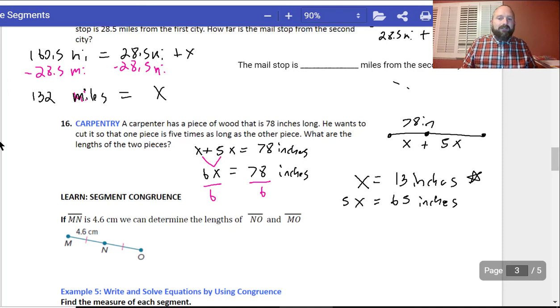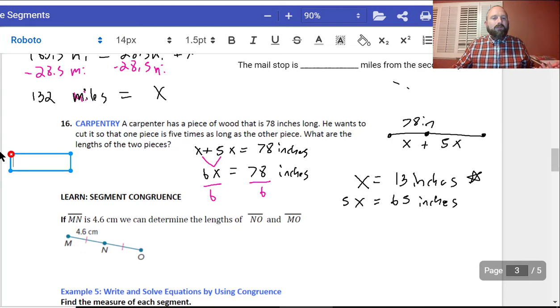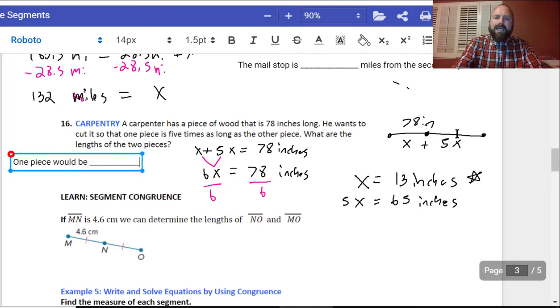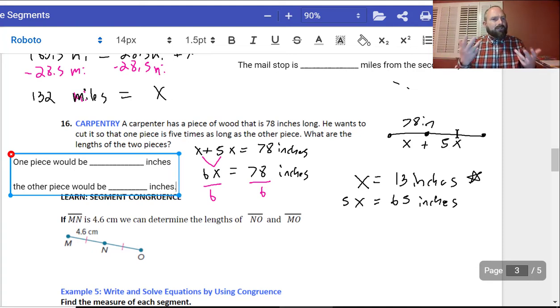So 65 is equal to 5x. Once again, we write out our sentence frame. One piece would be blank inches. The other piece would be blank inches. Go ahead and fill this out.